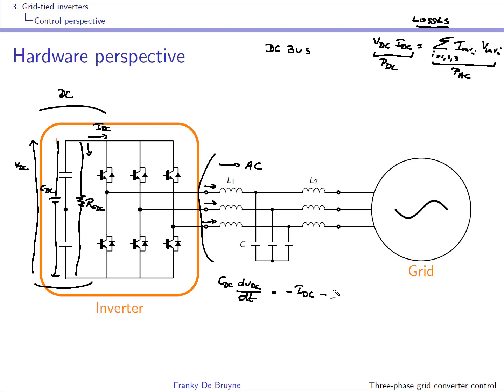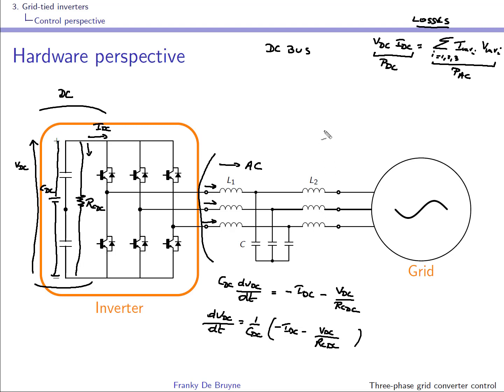This current I'll simply write as VDC over RC DC. So we can rewrite this as minus IDC minus VDC over RC DC.